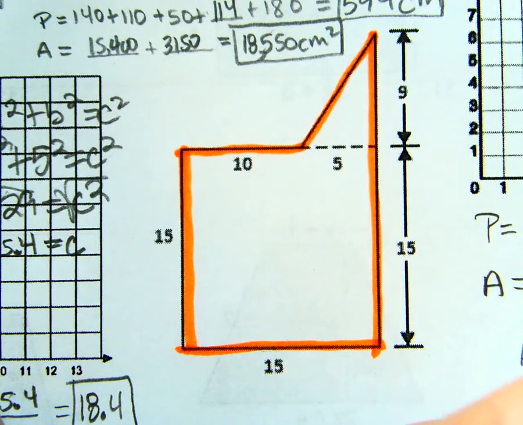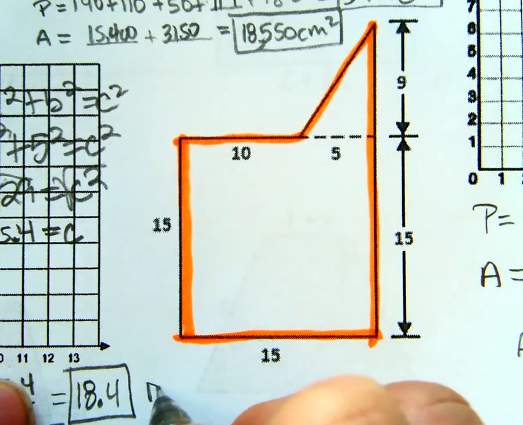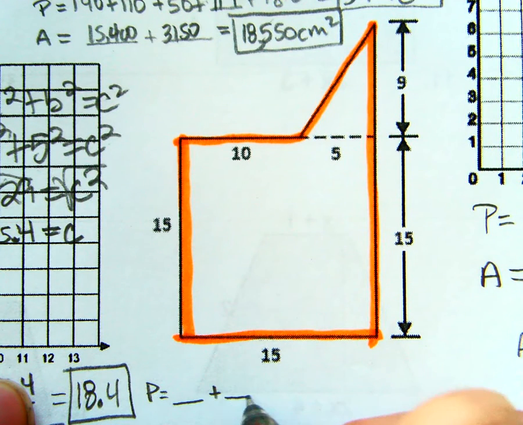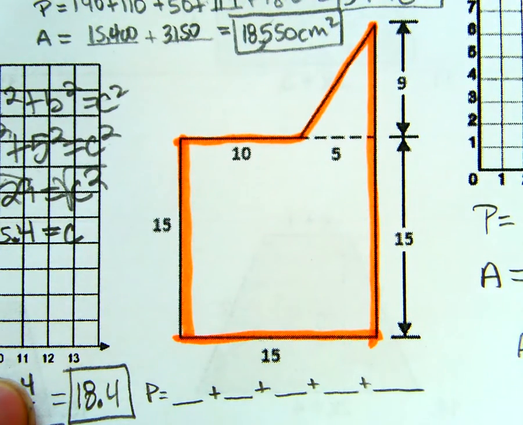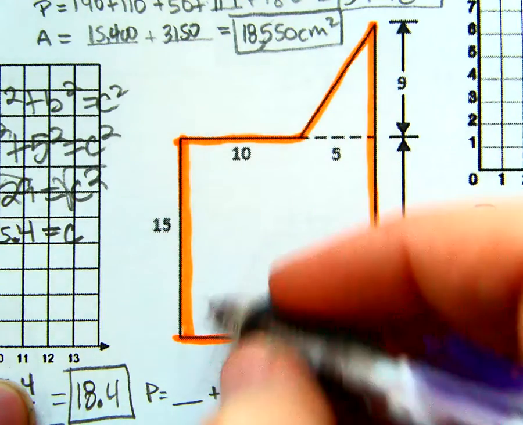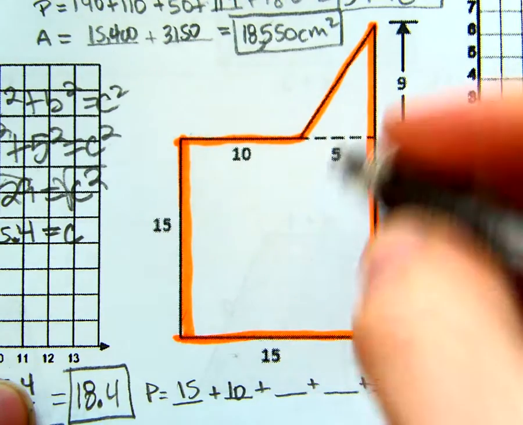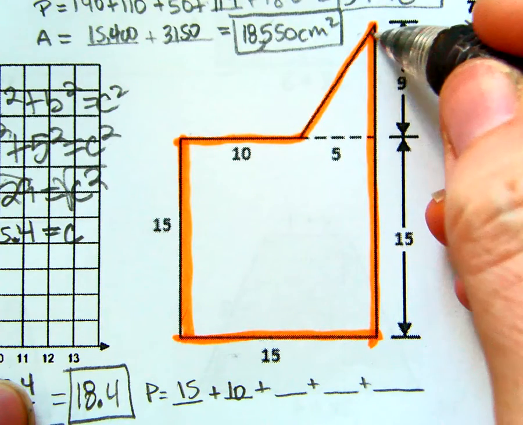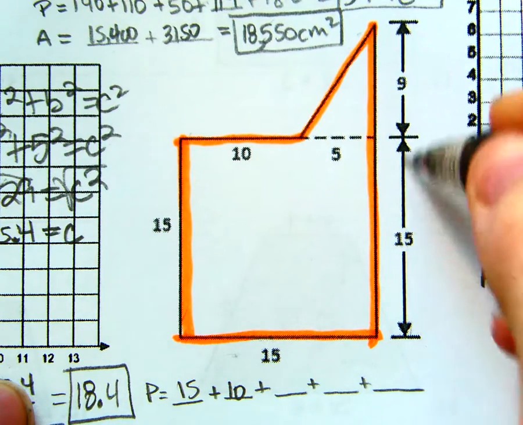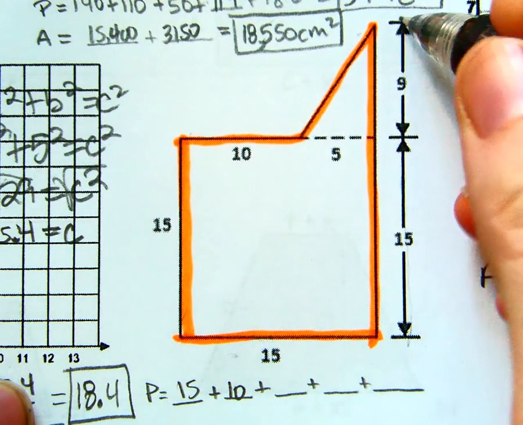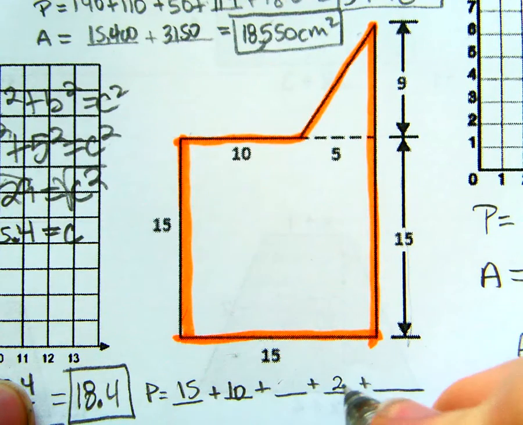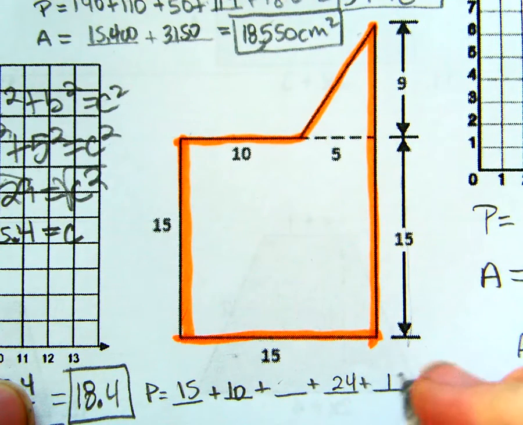So to say well, here I can do this. Perimeter is 1, 2, 3, 4, 5, kind of. All right, so looks like 15, 10, a triangle I don't know. And then this whole side is actually 15 plus 9, which is 24, and then another 15.